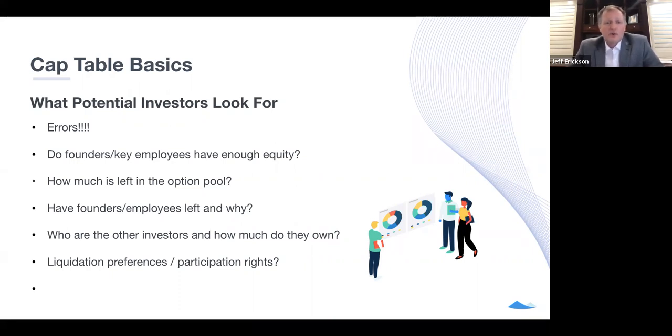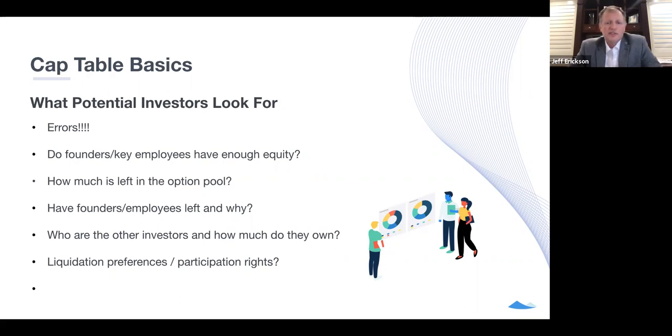The other thing they'll look for is, do you as a founder and your employees have enough equity in the company to keep it going long term? If they put money in and you have multiple funding rounds that will be required down the road, they want to make sure that you have enough equity to keep you incentivized and in it for the long haul.